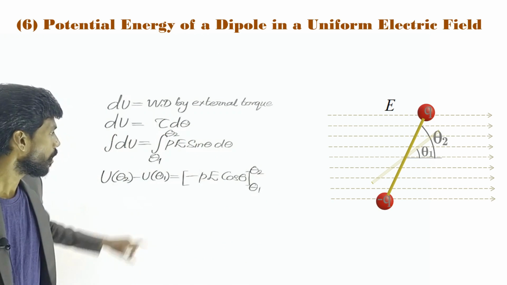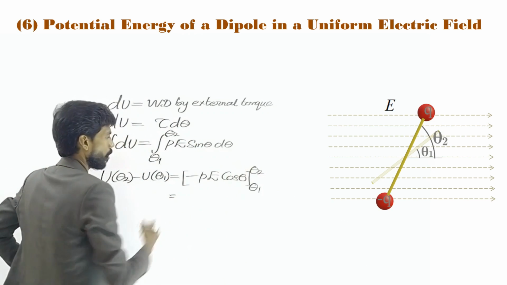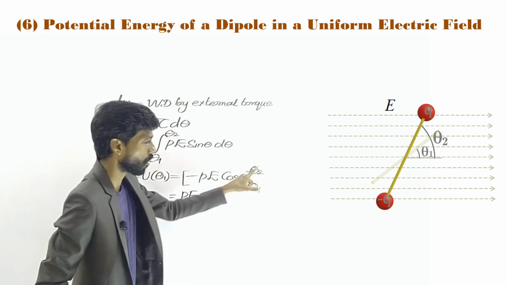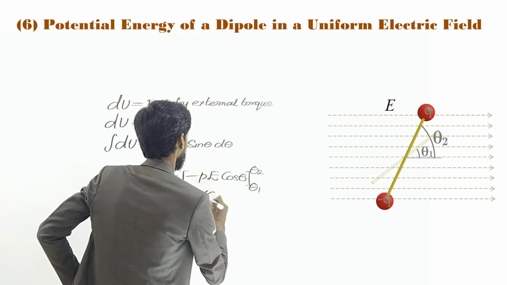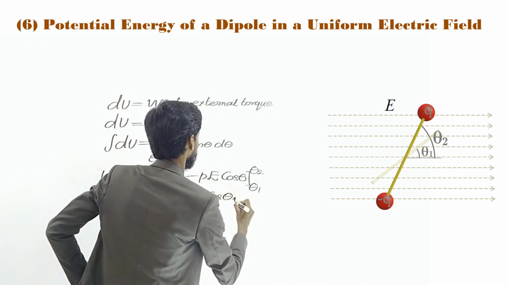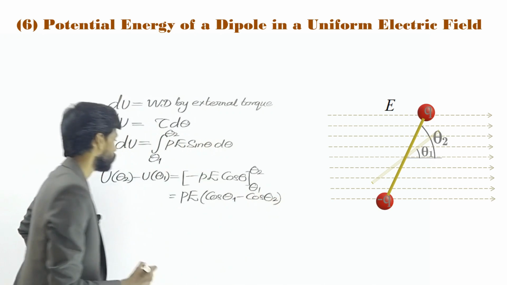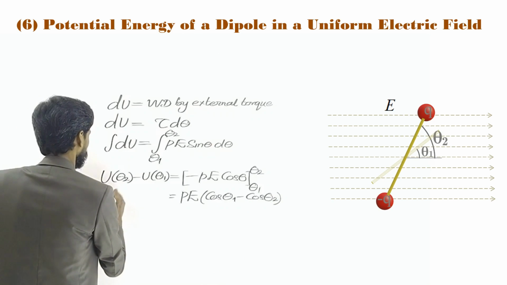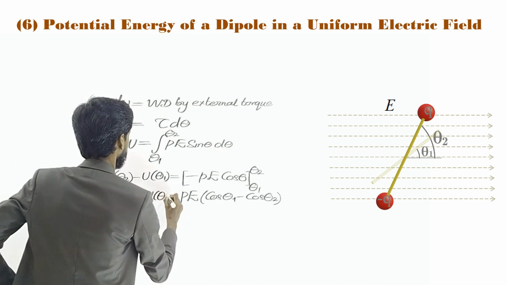Now let us do the substitution: minus cos theta 2 minus of minus cos theta 1, which is written as P E times cos theta 1 minus cos theta 2. This is the change in potential energy, U of theta 2 minus U of theta 1.